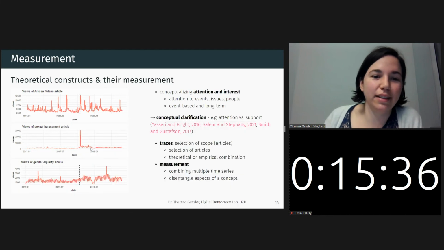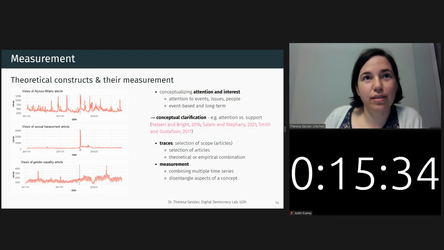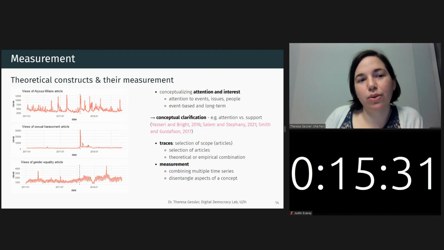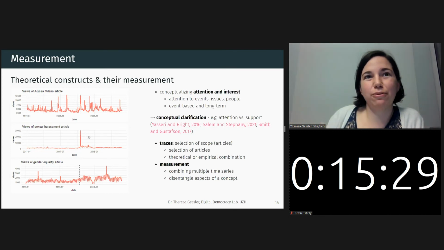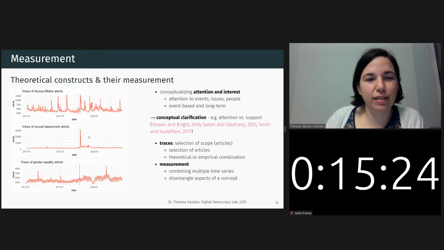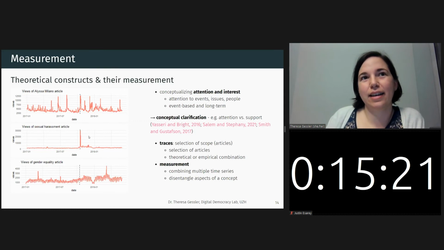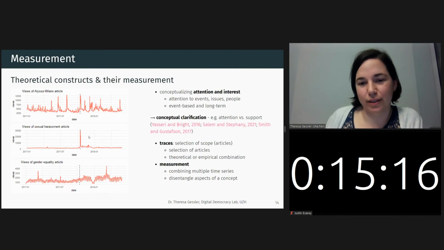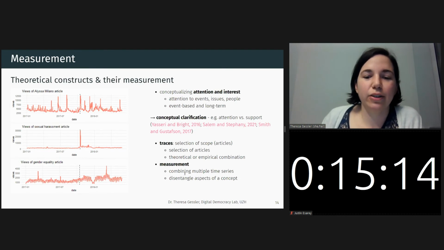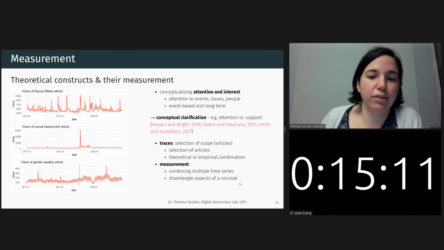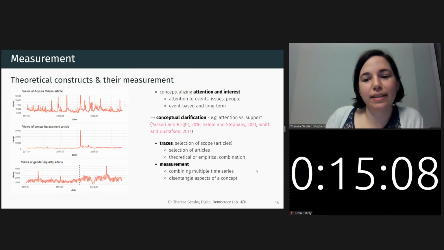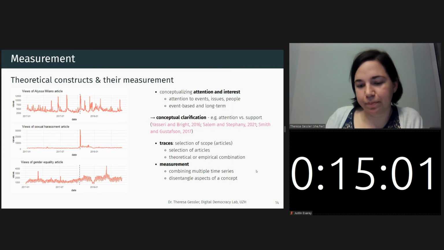For sexual harassment, we also see a bit higher interest in the post period, but we also have this huge spike. So different aspects that are closer or further from a specific concept can tell us different things, and we can combine them to gain a fuller picture of what an event caused. What we can try to do when we generate measures from this is to combine multiple time series and with that disentangle different aspects of a concept.